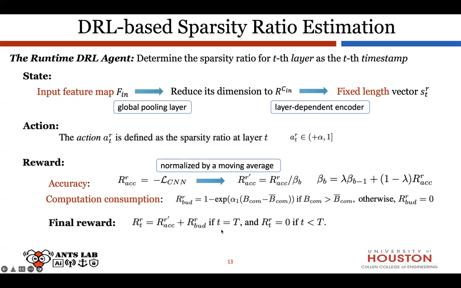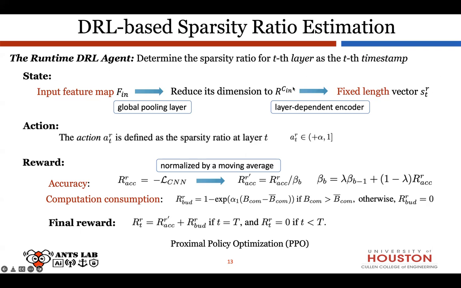It should be noticed that if it's the last layer of the neural network, which means the small t equals the capital T, the reward is calculated with this function. Otherwise, we set it as 0. And for this deep reinforcement learning model, since both the state space and action space are continuous, they use the proximal policy optimization method to solve it. It is an actor and critic framework. And this is their runtime deep reinforcement learning agent.